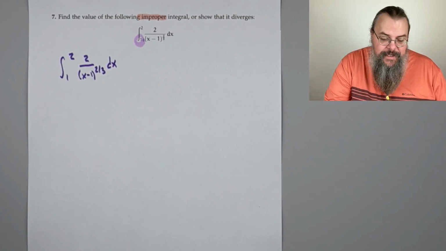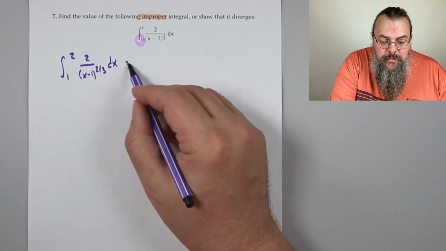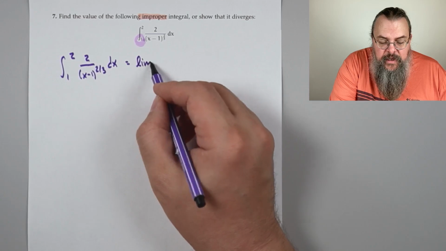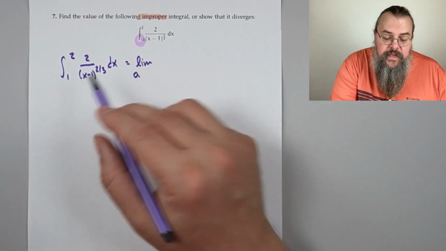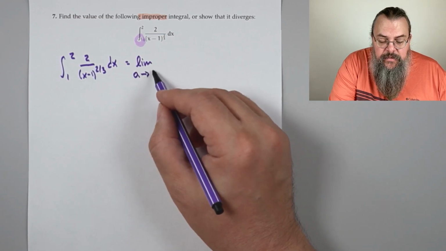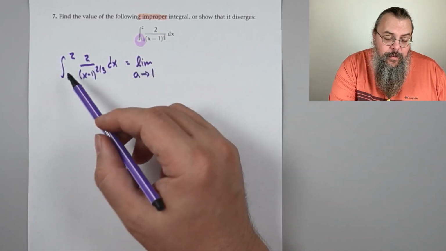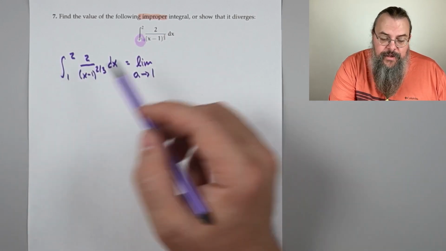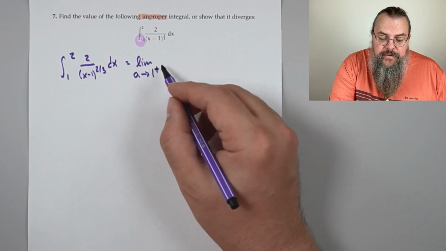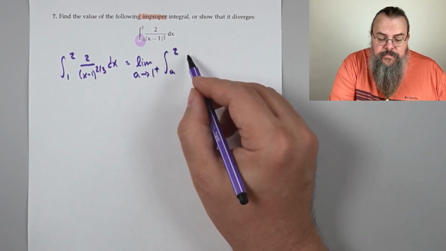So we're going to have a limit here. Our problem is with the 1, so we're going to take a limit as we approach 1. Since it's the lower bound, I'll put that as an a. And in fact, we can even say how we are approaching 1. Well, we want to go from a little bit above 1 and keep getting closer to 1. So we're approaching from above. So the integral from a up to 2.